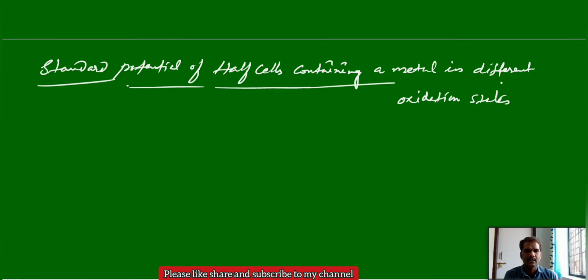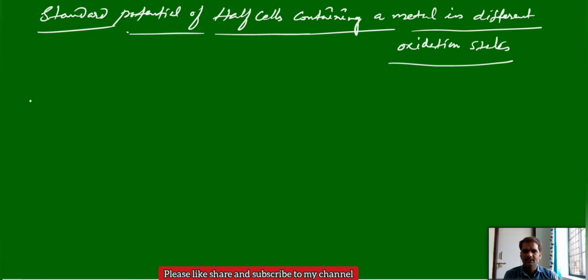Next one, a small calculation: standard potential calculations for a half cell, where the half cell contains a metal with 2 different oxidation states. In that case, how do we calculate the electrode potential values? You can see this: determination of standard potential of a cell containing a metal in different oxidation states.